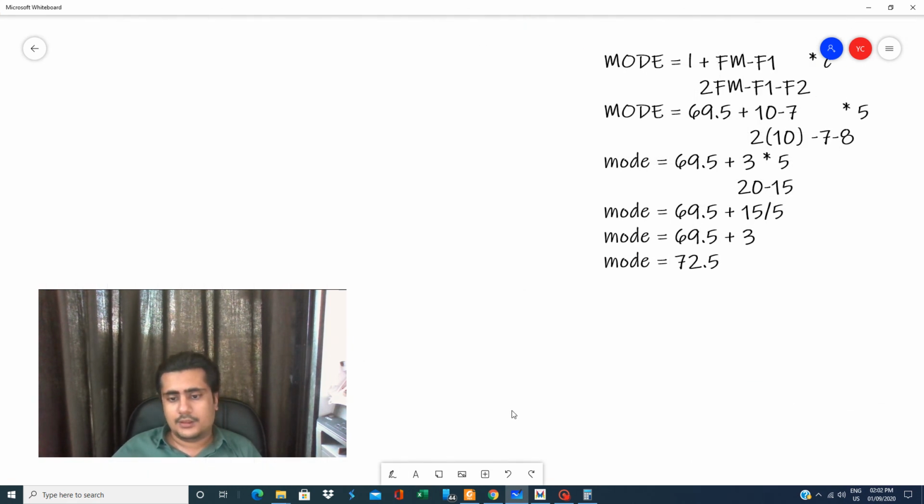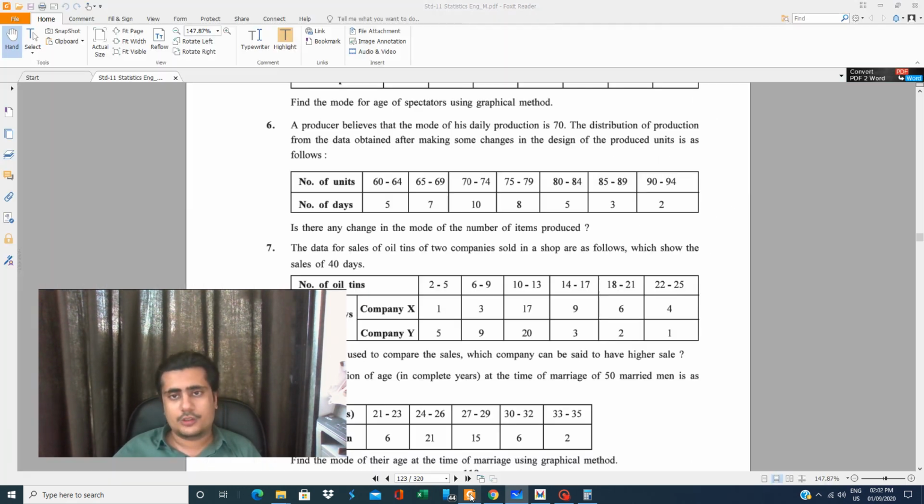Let us again come to the question. The question says your mode is 70 and you have to find whether there is any change in mode. Your answer is obviously yes, there is a change in mode. Mode is changed from 70 units to 72.5 units.